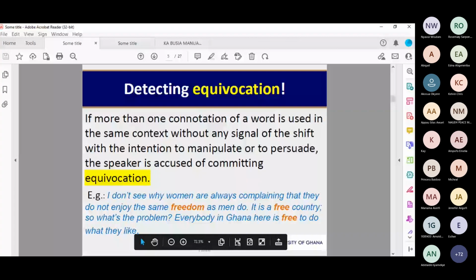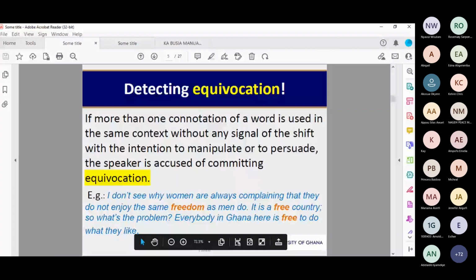You use the different meanings of that same word in the same context, and you use it as if the two different meanings are the same. They are all the same in that context, you see. So different meanings of that same word, but you use them interchangeably.